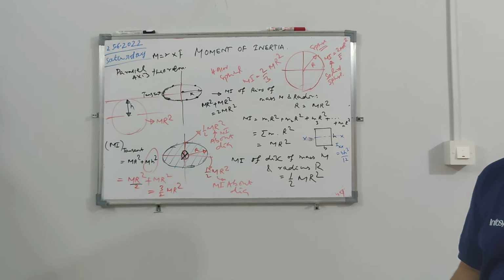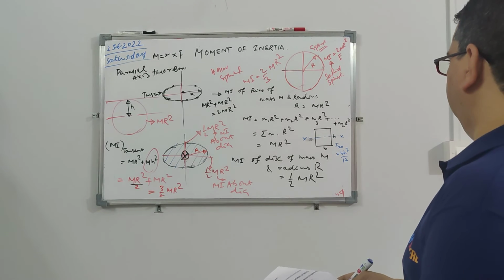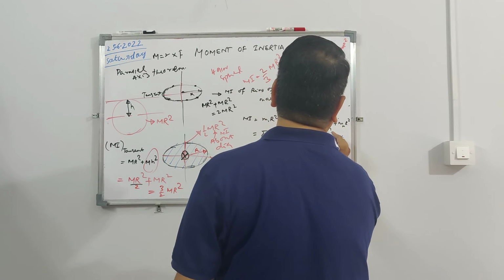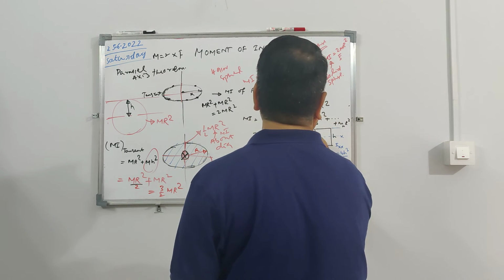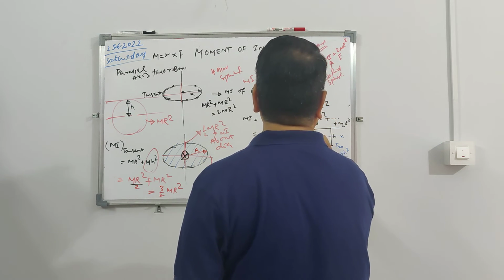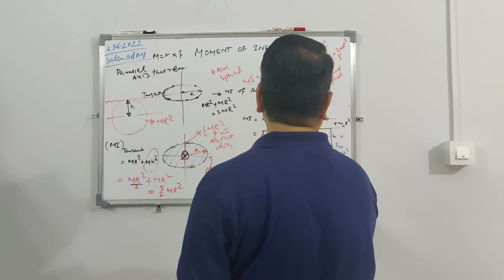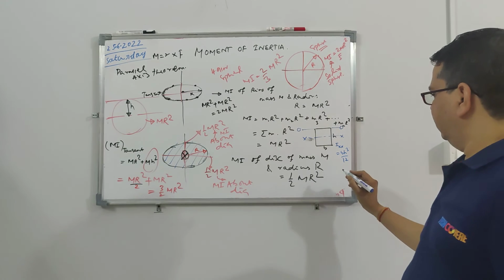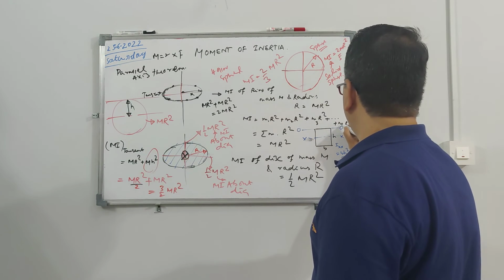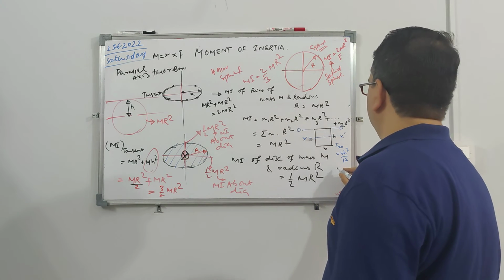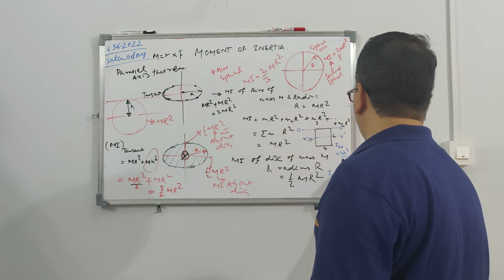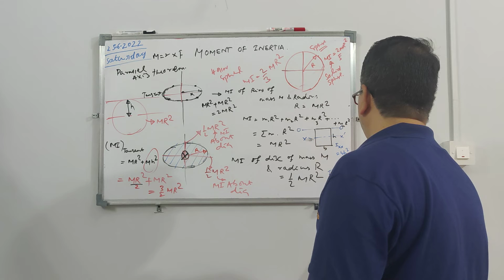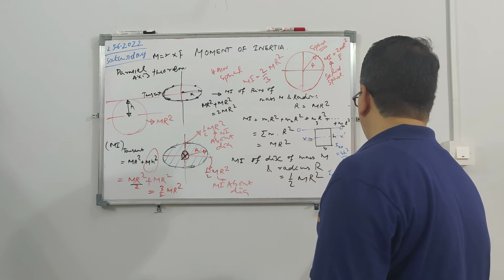Then suppose you want to find the moment of inertia about this other axis, O dash. Then IO is equal to Ixx plus area into h by 2 whole square.